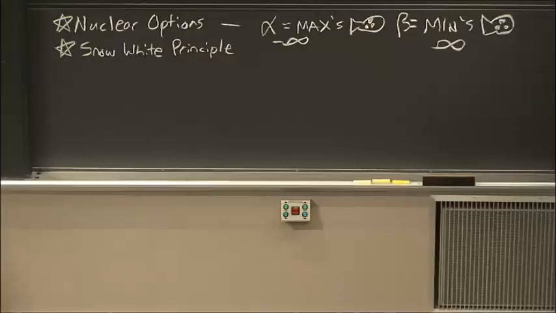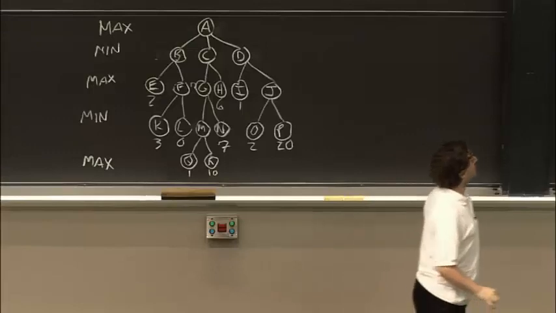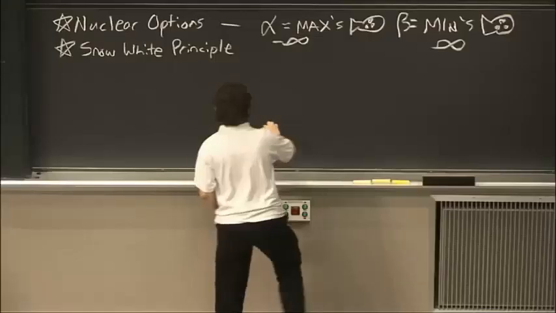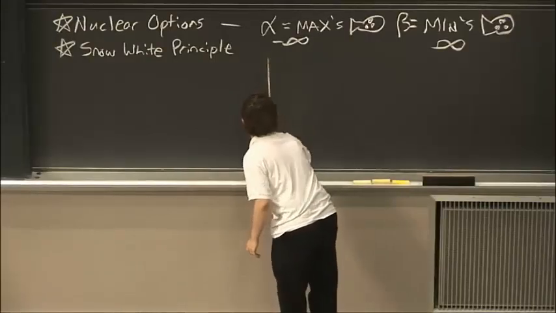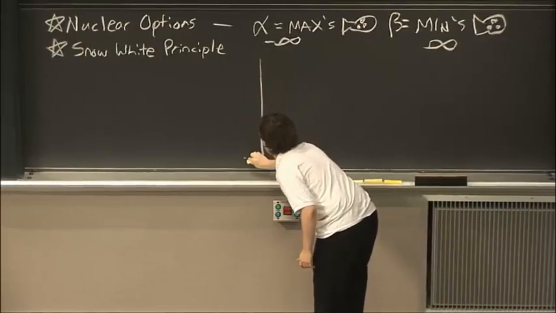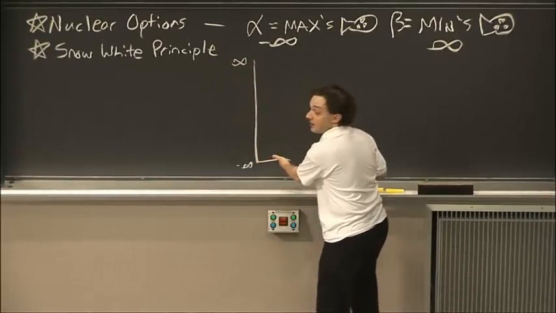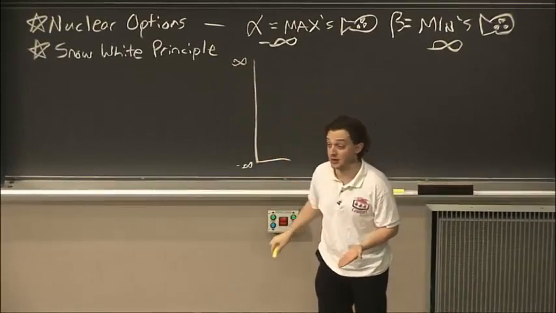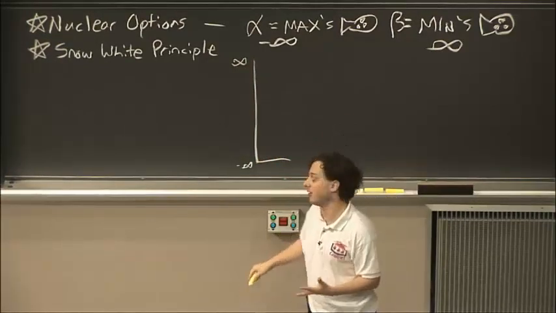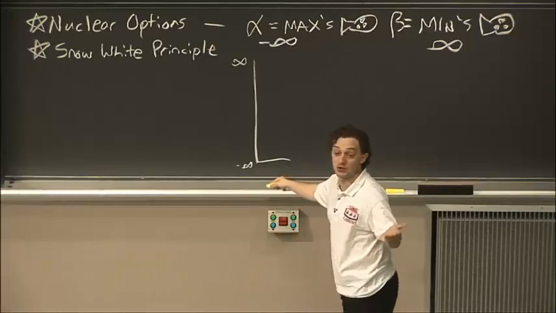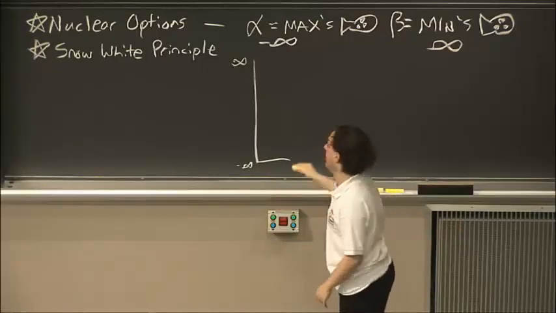So that is why we set negative infinity and positive infinity as the defaults for alpha and beta. So how do alpha and beta propagate and what do they do? The main purpose of alpha and beta is that, as we said, let's say we have some chart of values. Alpha, which starts at negative infinity, is the worst that the maximizer is willing to accept because they know they can get that much or better. It starts out, that's the worst thing you can have, so it's not a problem.